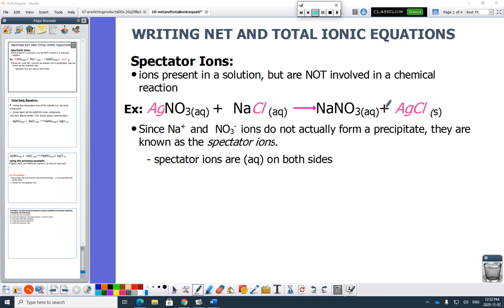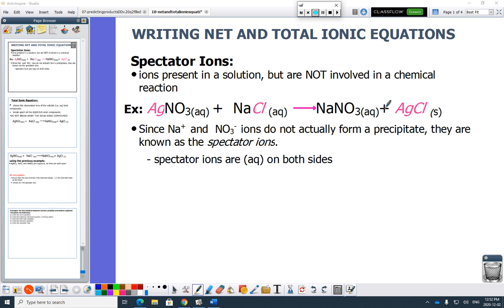When you drew the molecular reactions, it said we are not going to show the nitrates, or if you did the acid one, the Cl, because they come to the event but they don't participate.